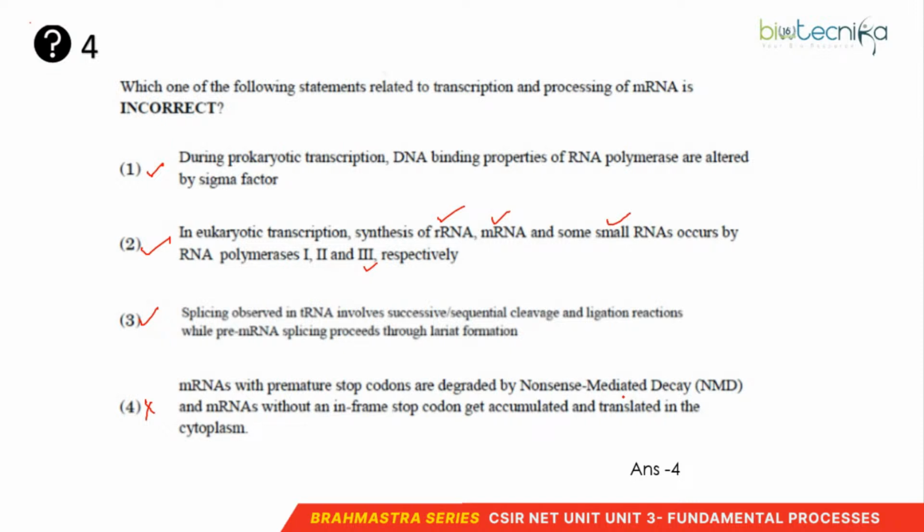Because obviously, if these mRNAs get translated, then it will lead to deleterious gain of function mutations, or maybe dominant negative activity of the proteins, right? So when your nonsense mediated decay activity is on, it will not allow any in-frame stop codon to get accumulated and translated. Okay, so this statement is wrong.